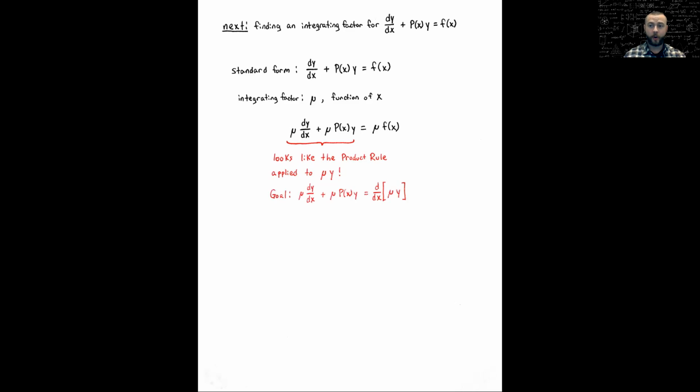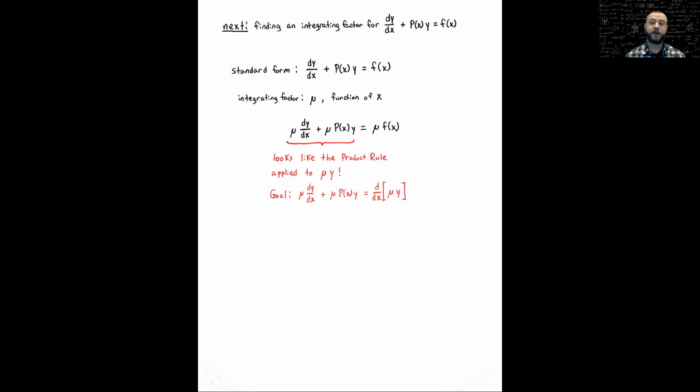All right, so our goal, what we're going to do is try to find a mu so that if we were to apply the product rule to differentiate mu times y, this is the right-hand side on that goal, we would want it to come out to be the left side of our differential equation. Mu times dy over dx plus mu times p of x times y.